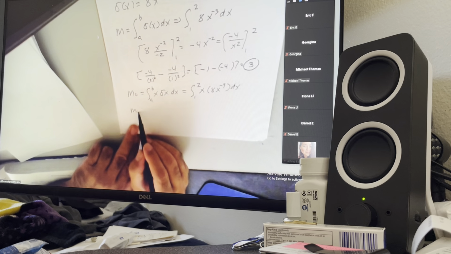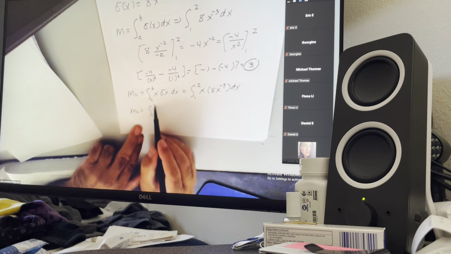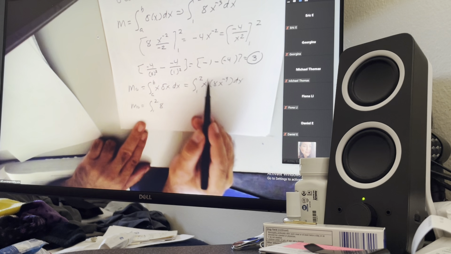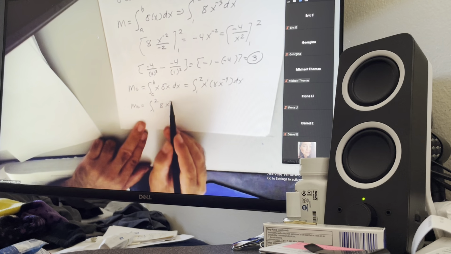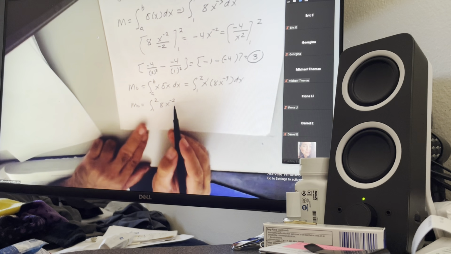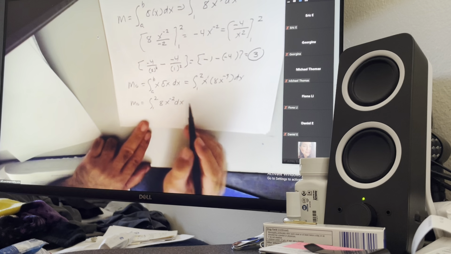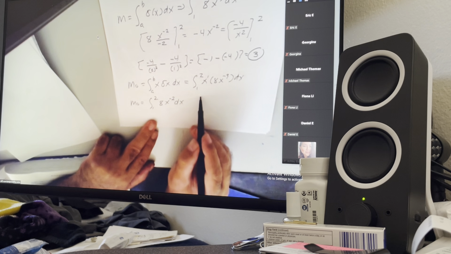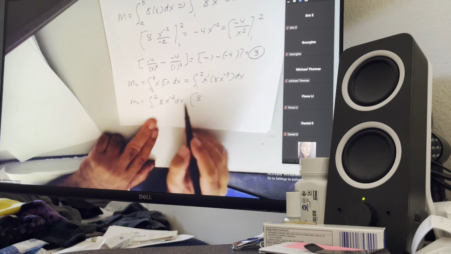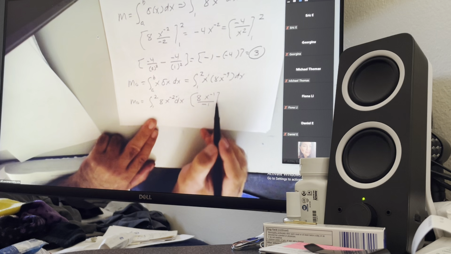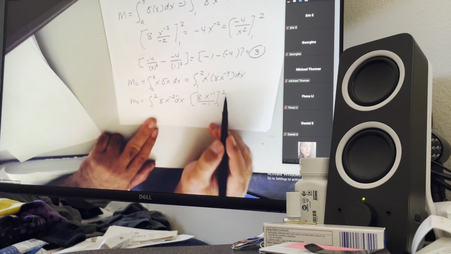So the moment at the origin is the integration from 1 to 2 of 8 times x to the negative 2 times dx. When we integrate that, 8 is a constant, you add 1 to the exponent, so that becomes x to the negative 1 divided by negative 1, from 1 to 2.